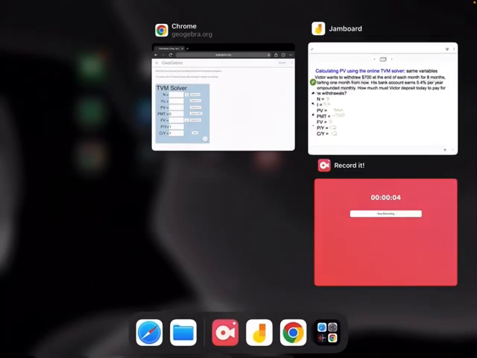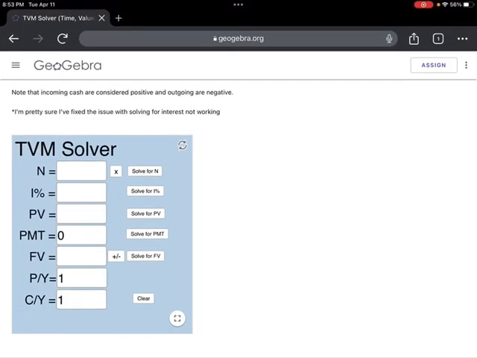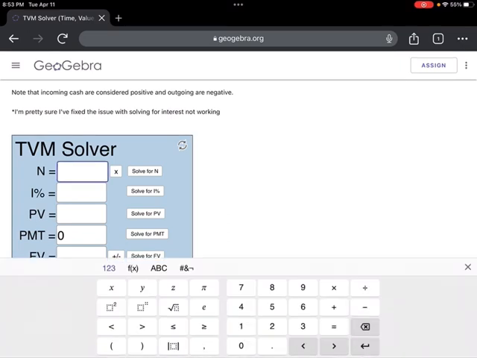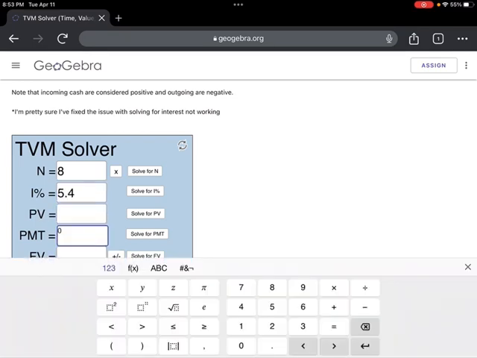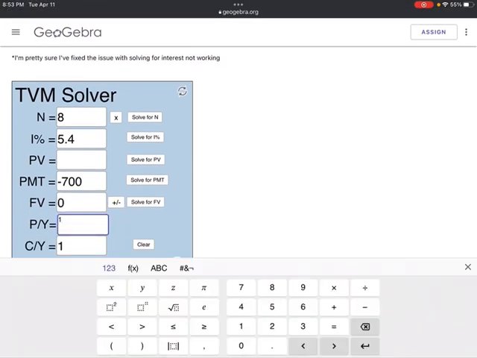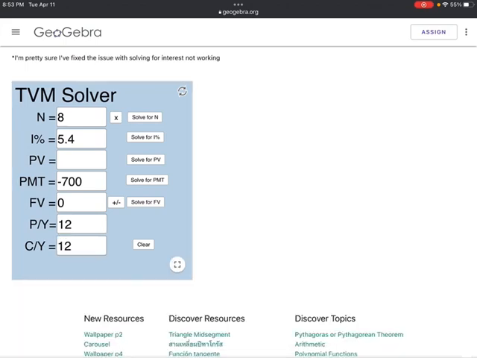Okay, so now going over to the solver, we're putting in those values. We hit solve for PV, the present value, and we get $5,488.28.